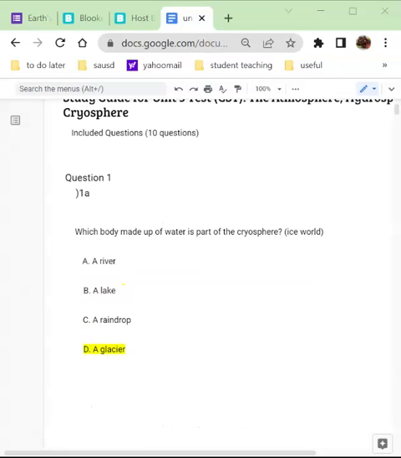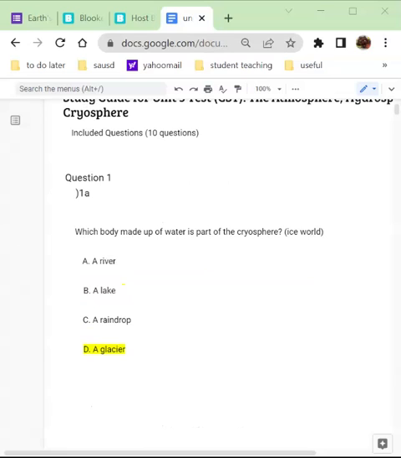Some people count the cryosphere as part of the hydrosphere because it's water, right? And then some scientists separate it into its own world, giving it a name, the cryosphere, the ice world. So, two different perspectives.